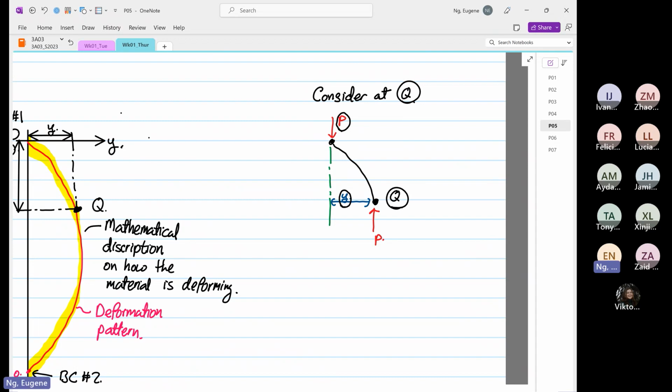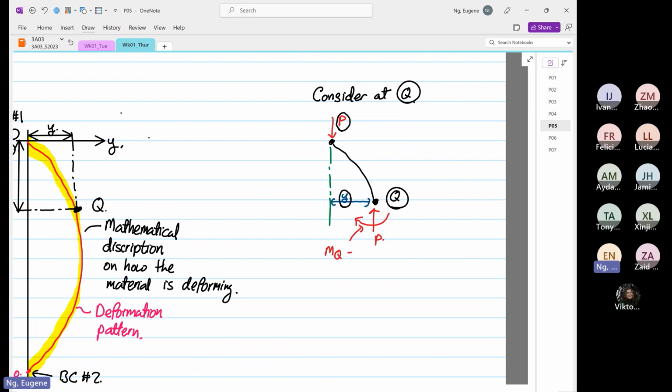A distance y. So what we have is a moment. We are going to have a counter moment acting this way. So this is our moment at point Q.